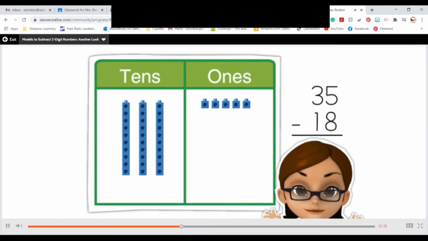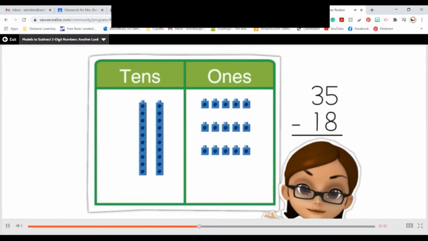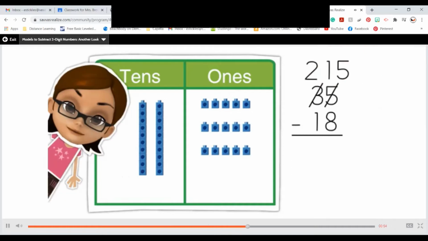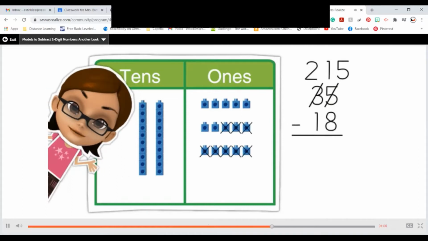You're right. We don't. Oh no, what are we going to do? I know. Let's regroup one of the tens as 10 ones. Now we have 15 ones. Phew, that saved the day. Now we'll mark out the 5 ones and write 15. And we'll mark out the 3 tens and write 2. Yay! Now we can subtract the ones. 15 ones minus 8 ones equals 7 ones.